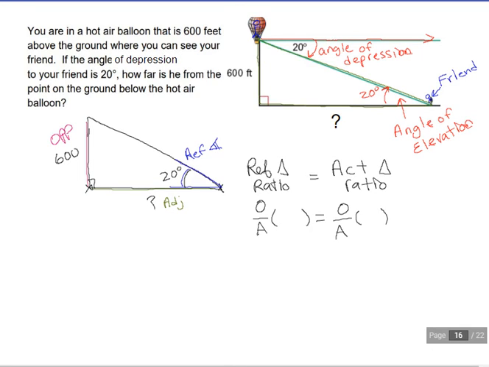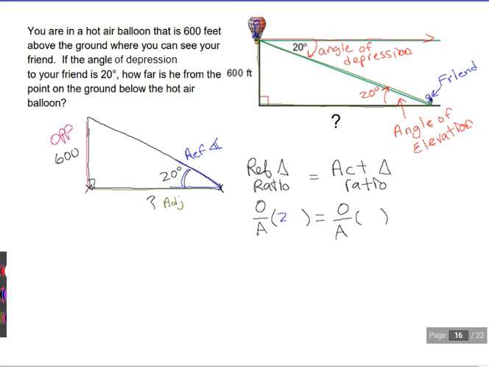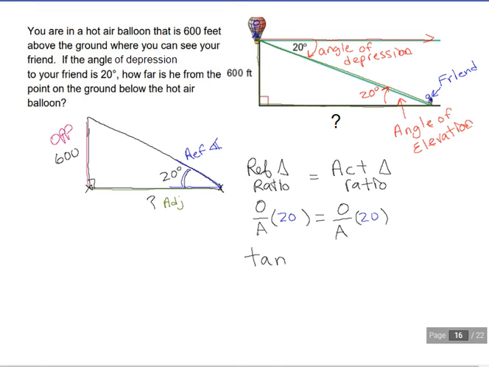We're using 20 degrees as our reference to name O and A. And so if I take tangent of 20 degrees, for my real triangle, for 20 degrees, the opposite side is 600.